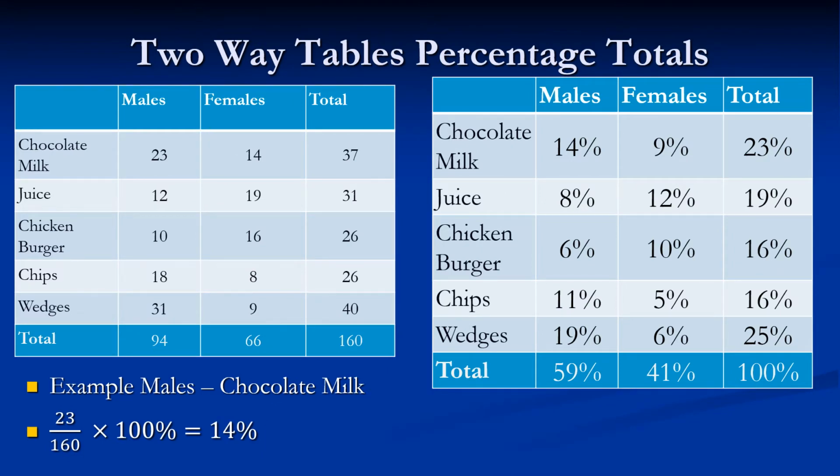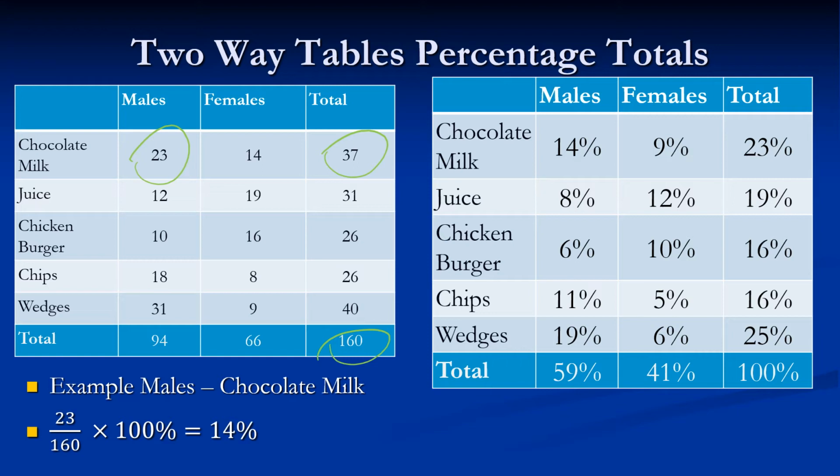Now we can convert this into a percentage. So to convert each of these to a percentage, what we want to do is just read across in this case. So for example, to look at the males that prefer chocolate milk, I'm just going to go 23 over, in this case, 160, so 14% of the students is a male that prefers chocolate milk.